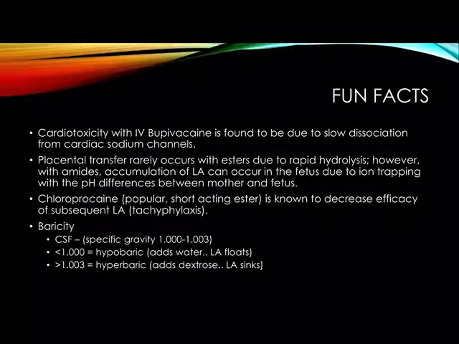I wanted to put together just a few fun little facts about local anesthetics. It's kind of hard to condense so much information into this little PowerPoint, but these are a few things that I feel like are still important, although not necessarily coined under pharmacodynamics and pharmacokinetics. But cardiotoxicity is obviously a really huge thing to take caution of with using IV bupivacaine. And the reason that it's expected to occur is due to slow dissociation from cardiac sodium channels.